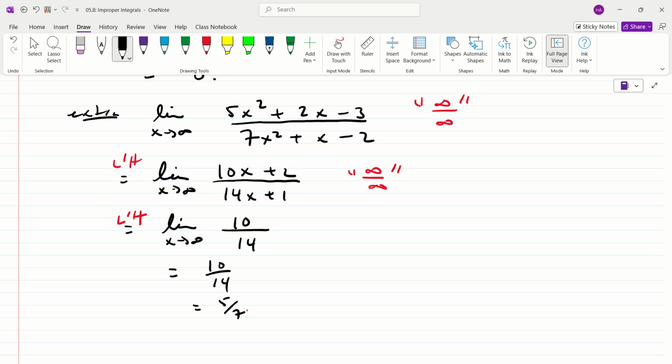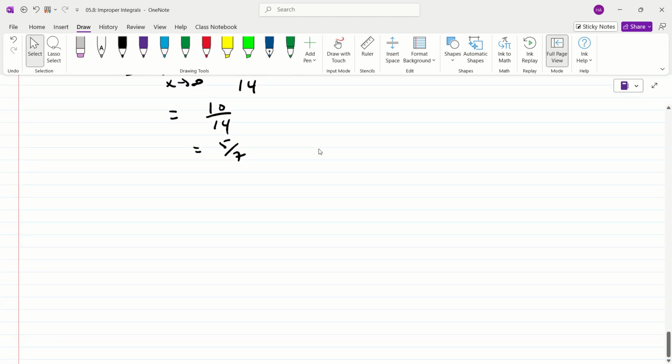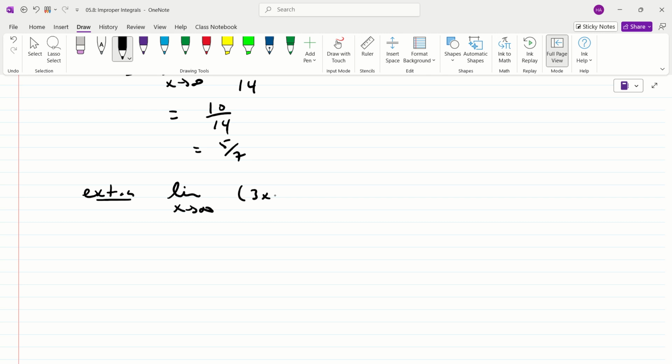Moreover, sometimes the limits that you're working with are candidates for L'Hopital's rule in disguise. So in this extra problem, consider us wanting to take the limit as x goes to infinity of 3x plus 1 times e to the negative 2x.